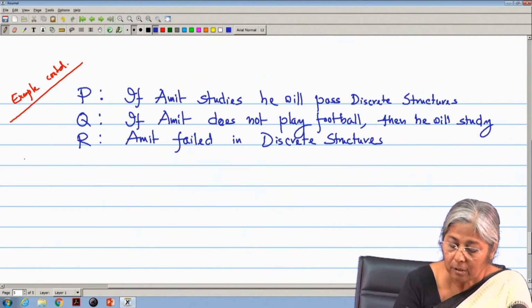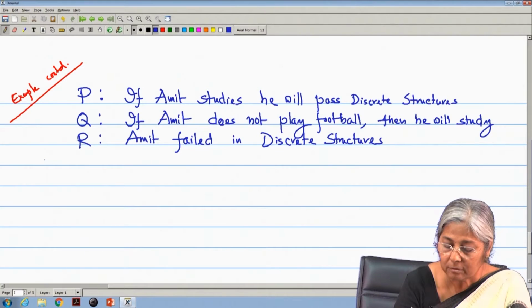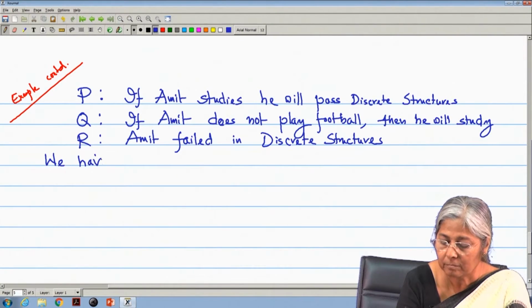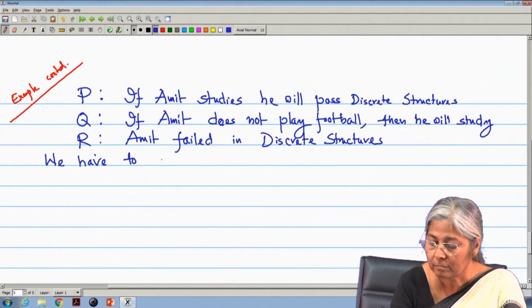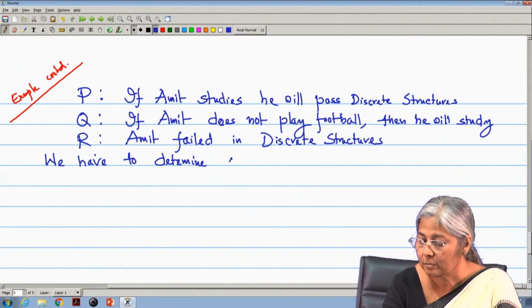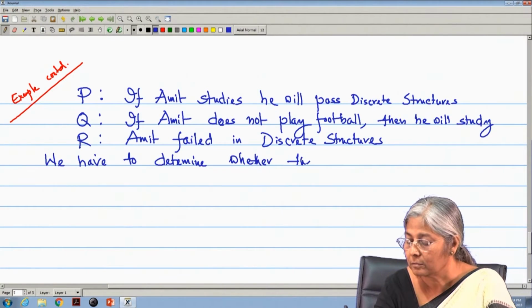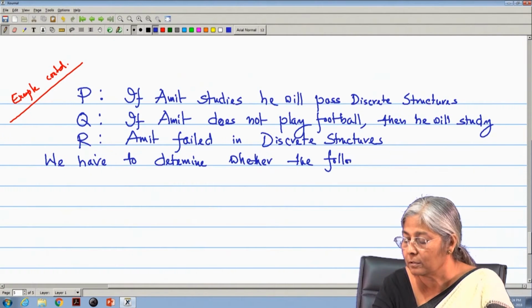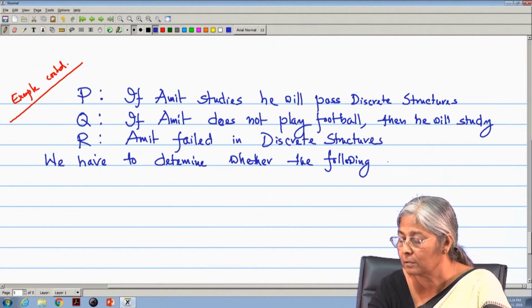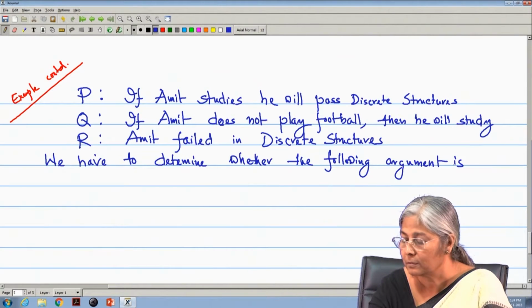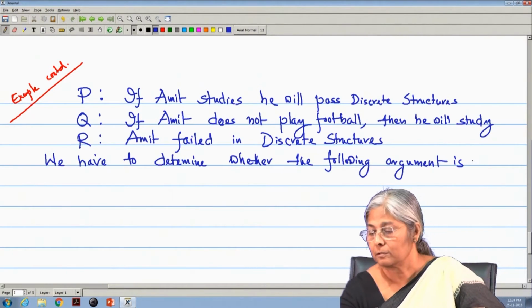Now, we have to determine whether the following argument is valid.